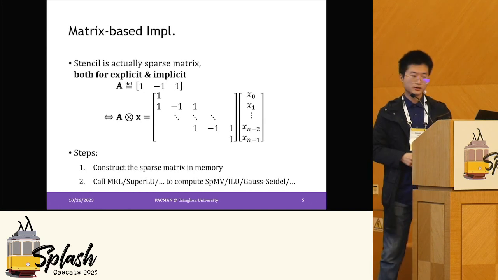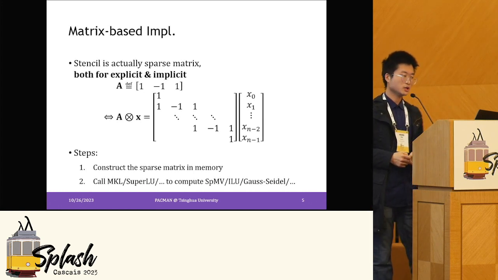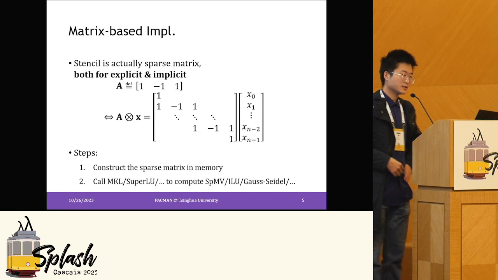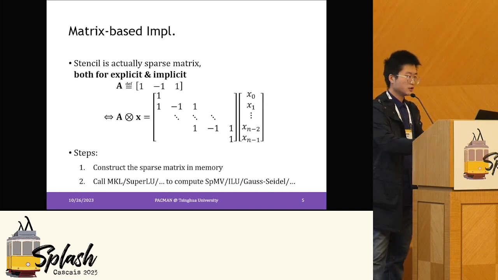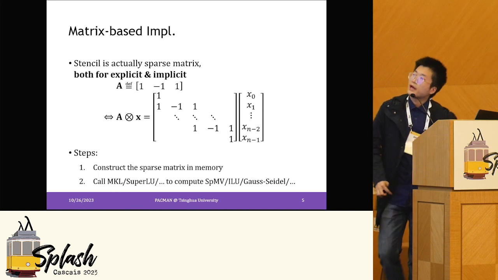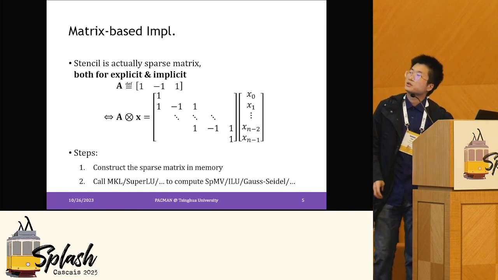So another direction looking at the problem is to see the stencils as sparse matrices. It works for both explicit and implicit solvers, in which we can see the 1D case of stencil A applied on X is equivalent to applying a sparse matrix multiplication.